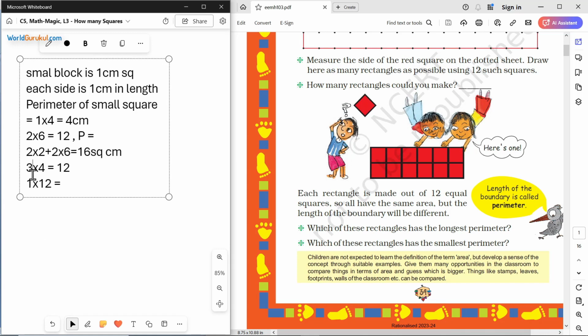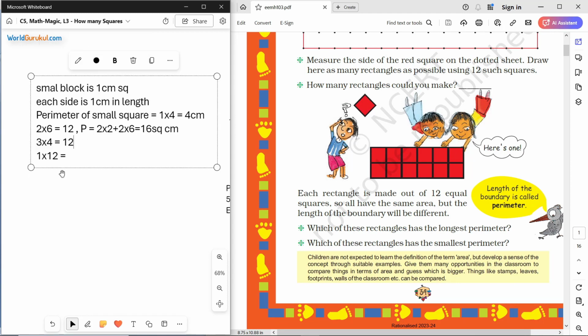Okay, coming to this one, 3 by 4. So we have 2 sides of 3 centimeters and 2 sides of 4 centimeters each. Now for the rectangle with 3 blocks by 4 blocks, area totaling 12 square centimeters, the perimeter is going to be 2 times 3 plus 2 times 4.